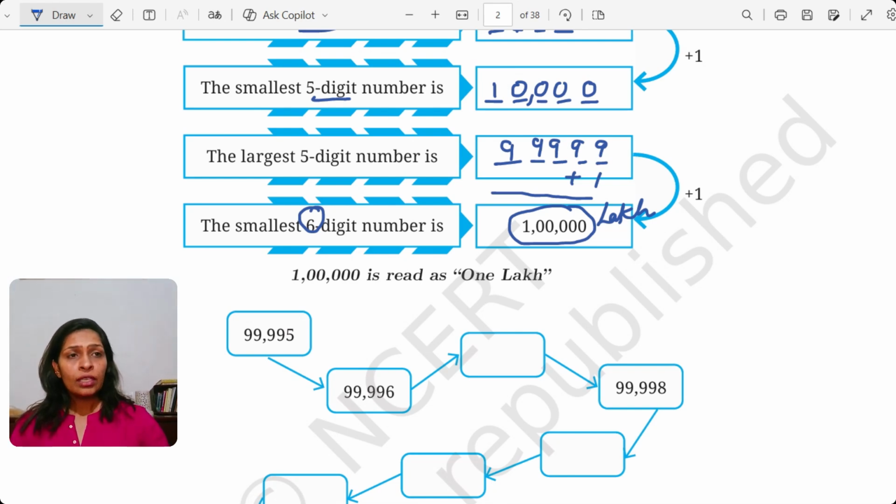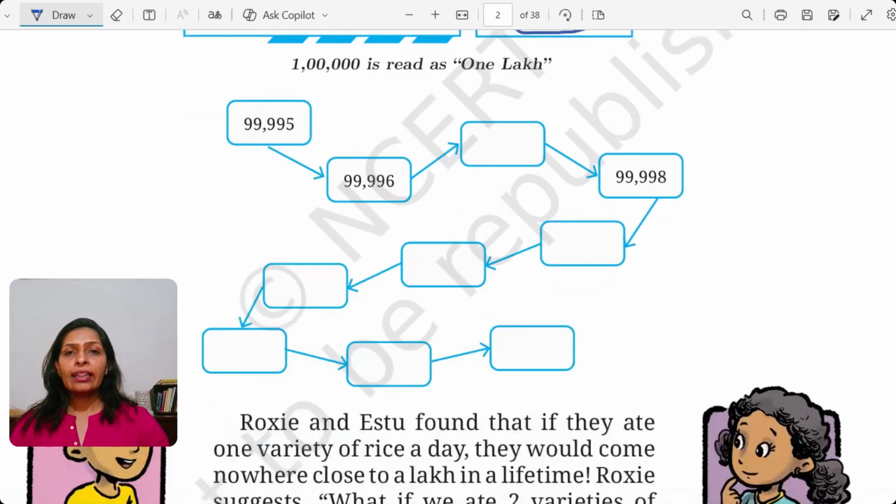Great. So below this, again, there is a map showing how we are proceeding. See, you can see this number, and how we will read this number. This is 99,995. So if I want to go to the next number, what I will simply do is add 1 to it.